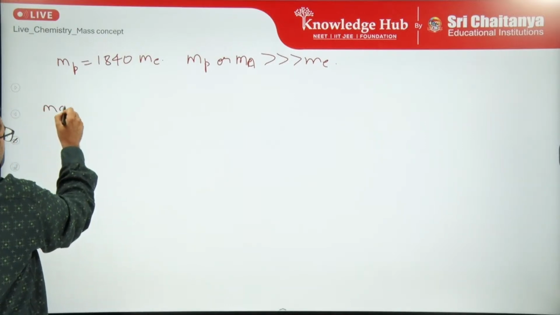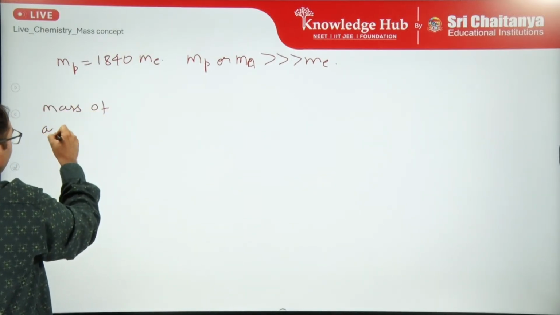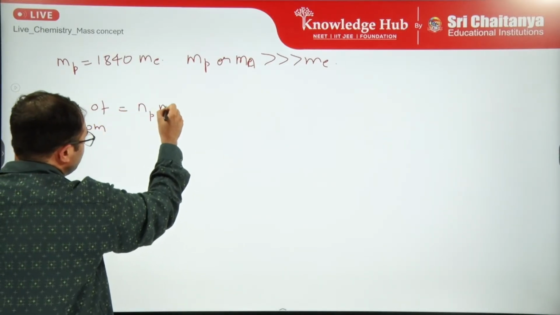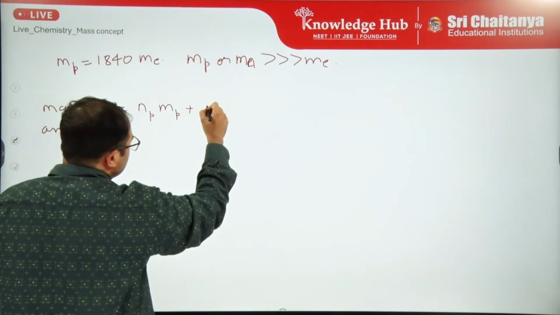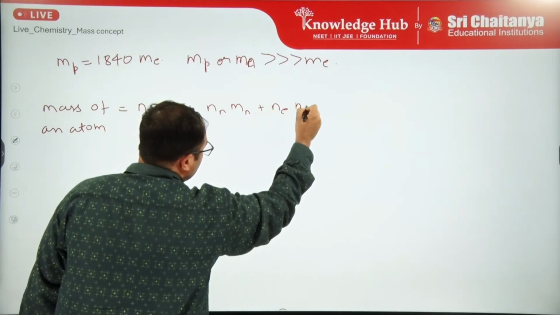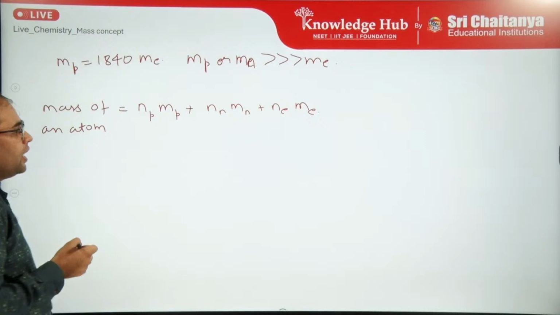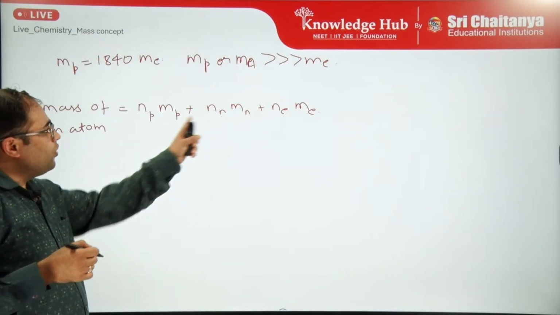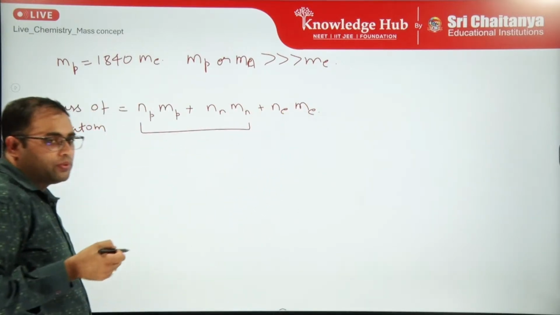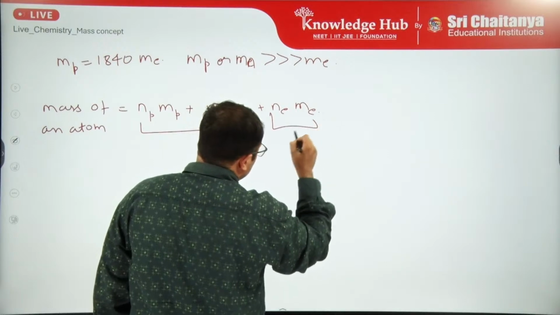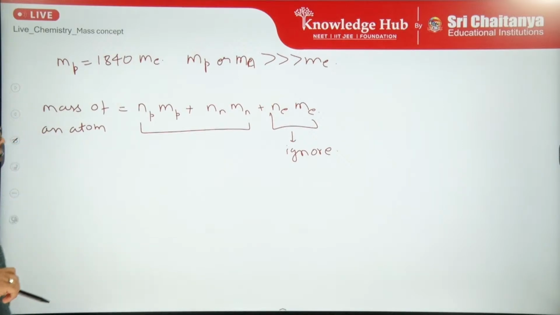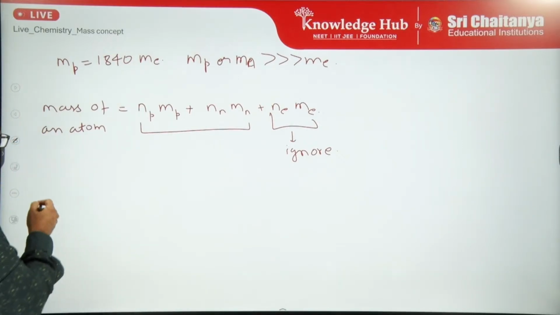So if I talk about mass of an atom, which is given by number of protons times mass of one proton plus number of neutrons times mass of one neutron plus number of electrons times mass of one electron. Because these two values are really larger than this value, I can actually ignore this. So this value is ignored, right?